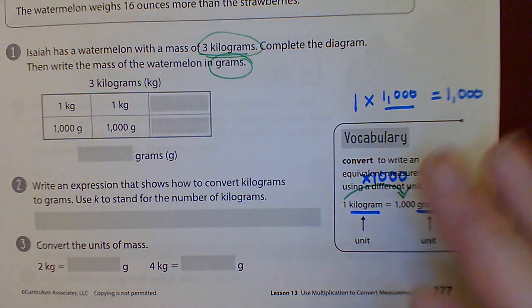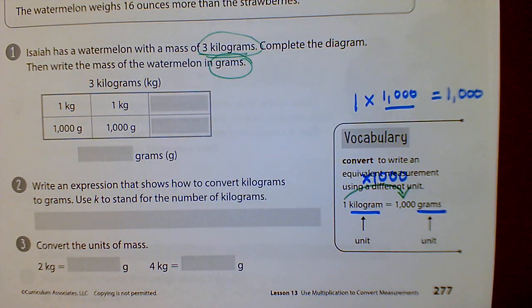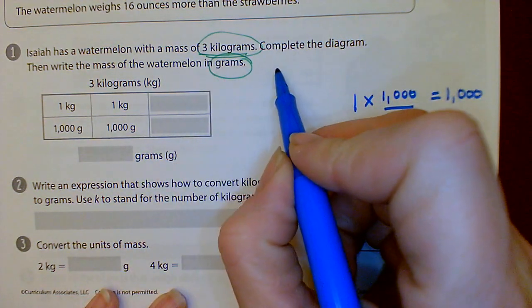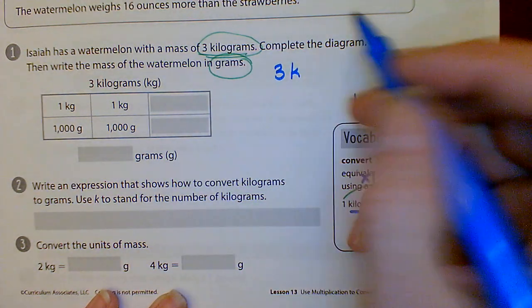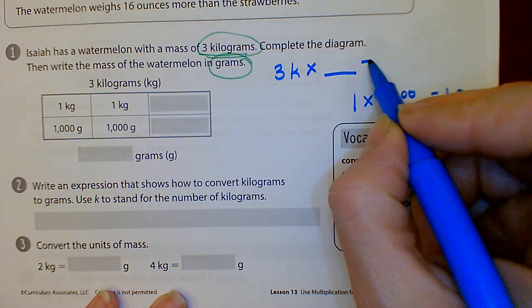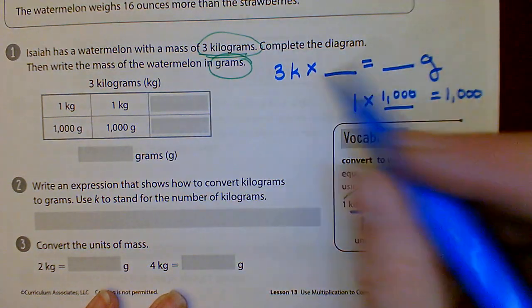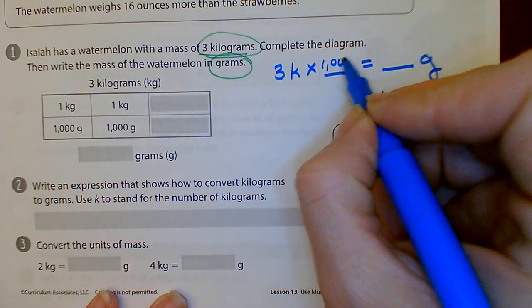I want to emphasize that to you. We're also going to use the chart in a second, but I'm focusing right now on this rule. So if I have 3 kilograms, I'm just going to put a K for kilogram right there. Remember, I have to multiply it times something to turn it into grams. So what's my rule? I multiply times 1,000.